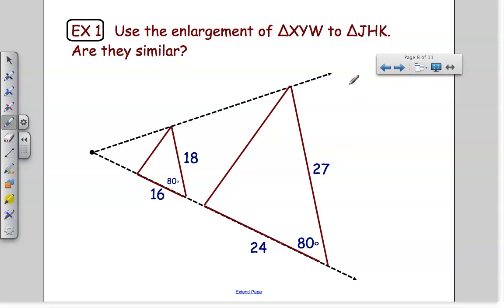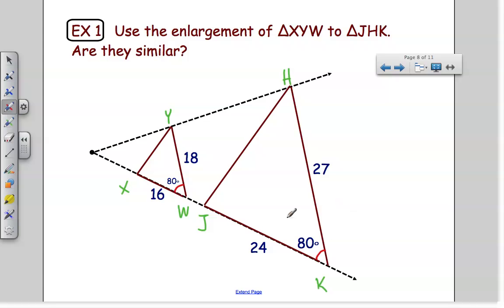So to use this in an example, I'm using the enlargement of triangle XYW to triangle JHK, and you notice I'm enlarging it by using a vanishing point type thing. Are these triangles similar? Well, I notice right away I do have an angle marked here, so these angles are 80 degrees.